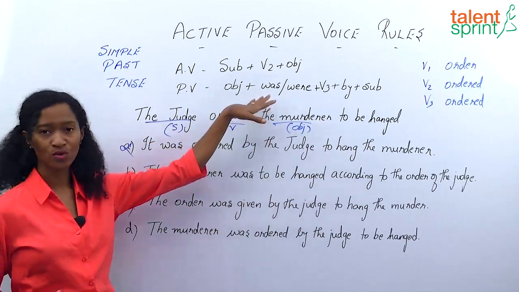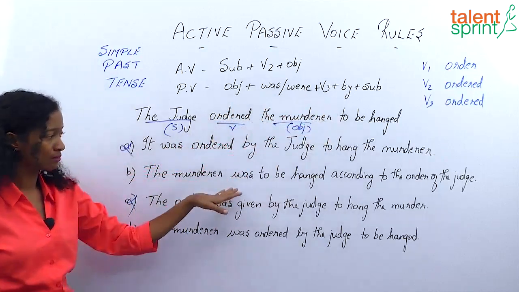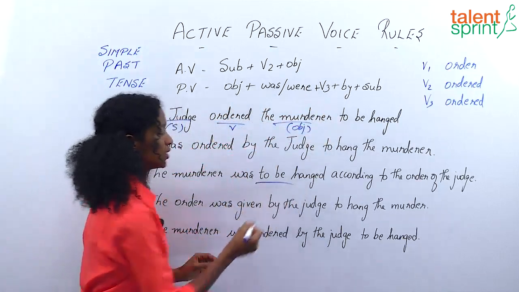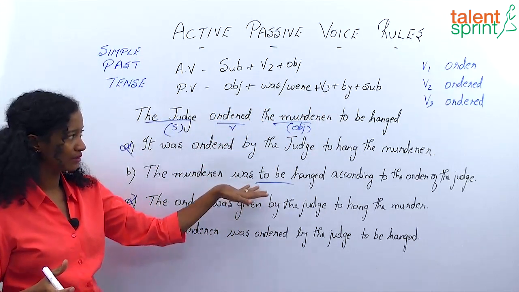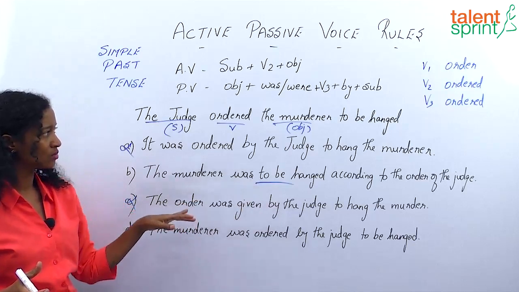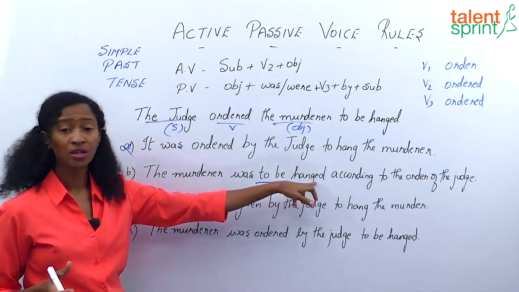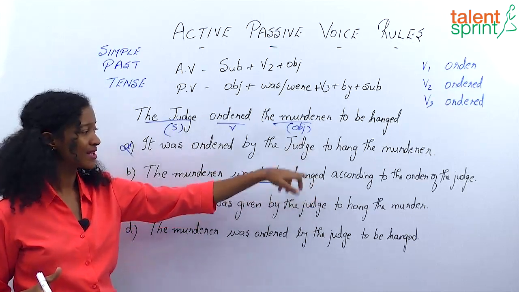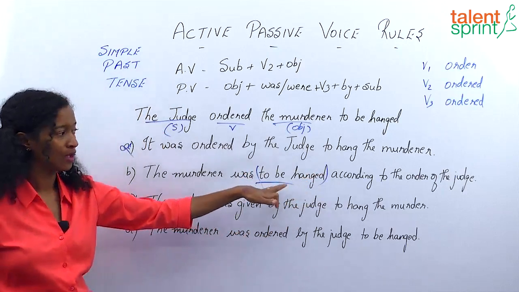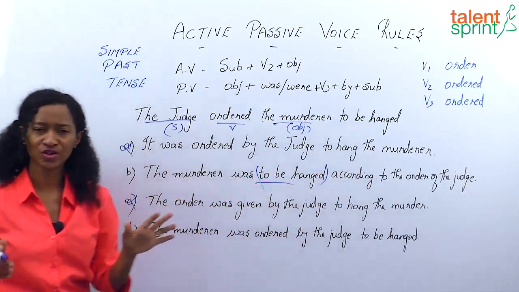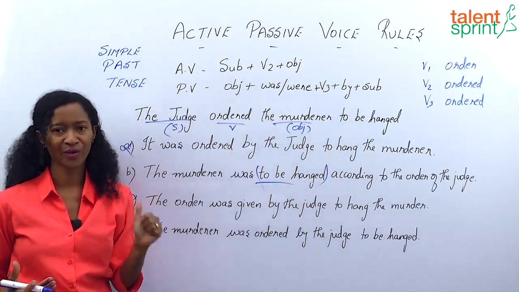Now here it says was or were plus verb 3, but here there is a to be which is introduced, which is not what we need, right? So in fact it's not even the right verb. It says to be hanged, which is the prepositional phrase, comes in here according to the order of the judge. So it's completely different from the form or the structure that we need.